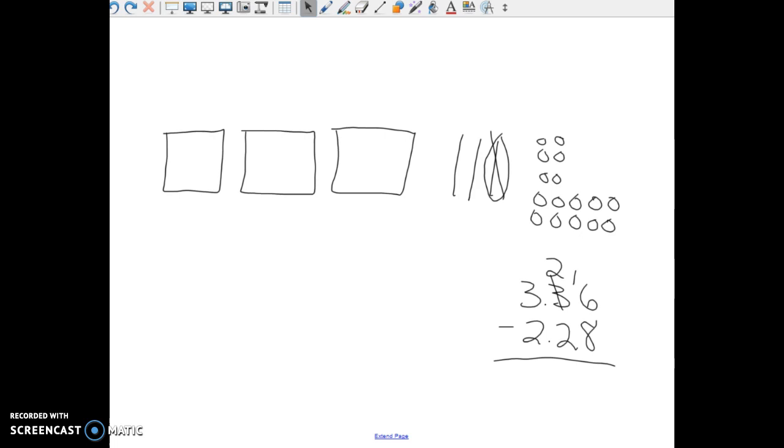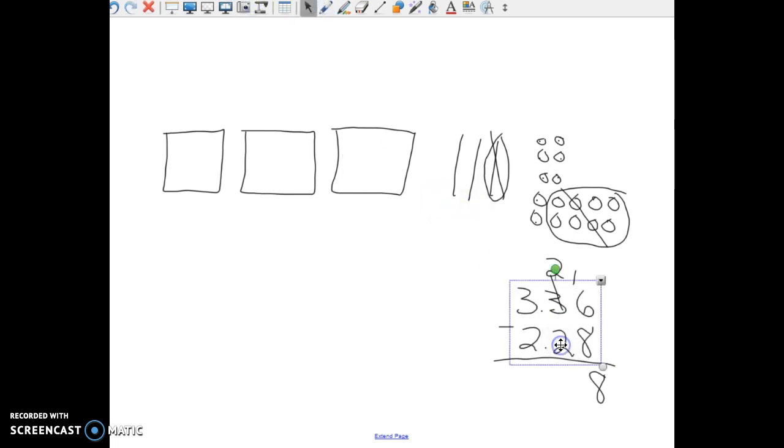Here's our 16 hundredths. Okay? If we take 8 of those hundredths away, we have 1, 2, 3, 4, 5, 6, 7, 8 hundredths left. Okay? We see that we have 2 tenths, and we have to take 2 tenths away.